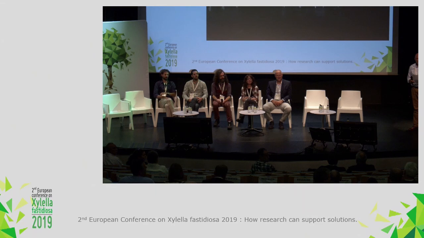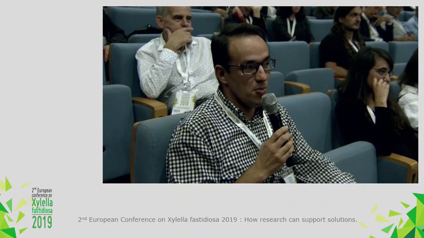Antonio Vicent from IVIA. My question is for the panel, but maybe people in the room can follow up on that. If I remember the talk of Cbins, there are two components. One is the sensitivity of the detection method, usually what we do in the lab, but the other component is the sampling efficiency or effectiveness.